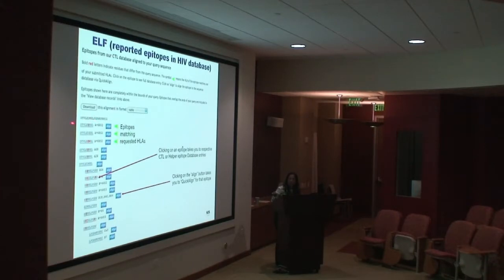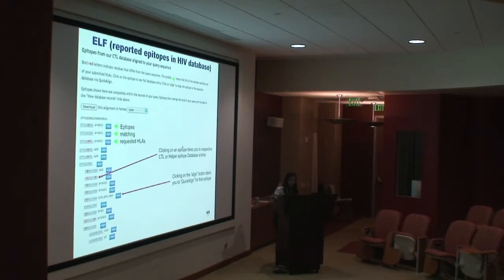So you can say A6802 restricted epitopes here. There are three different ones because they are variants in sequence, but they are all recognized and they're all presented by A6802. Okay?